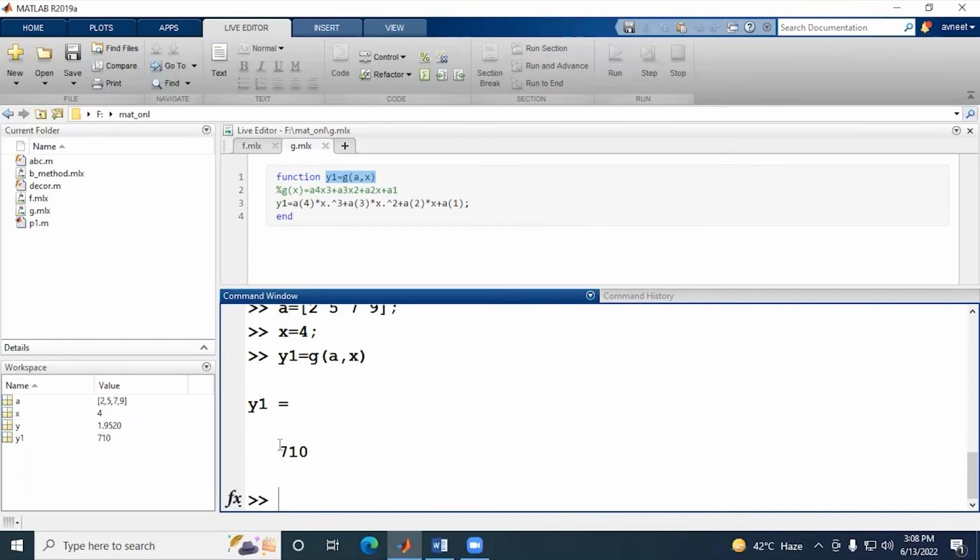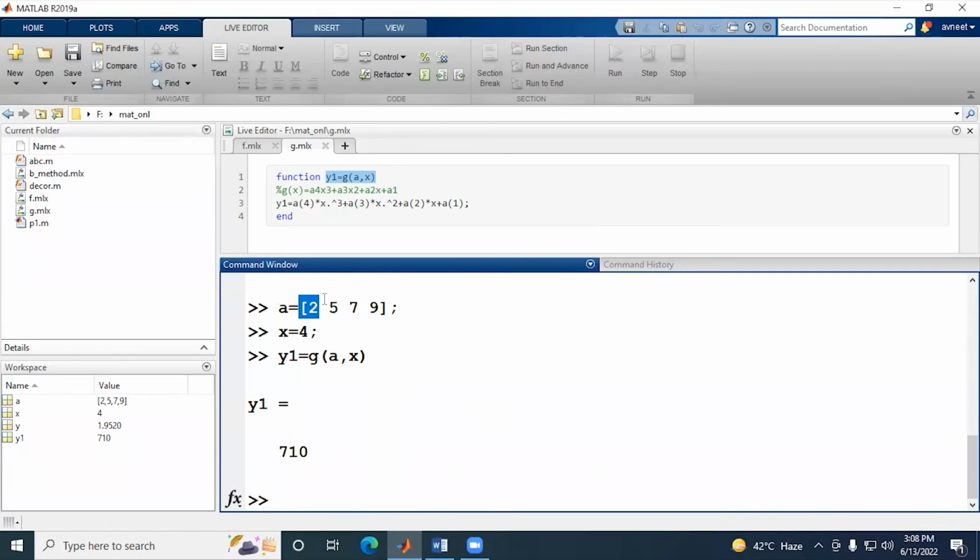Yes, it's 710. How does it work? A4 is 9. 9 multiplied by x cube means make the cube of 4 and then multiply it with 9. Then again, make the square of 4.